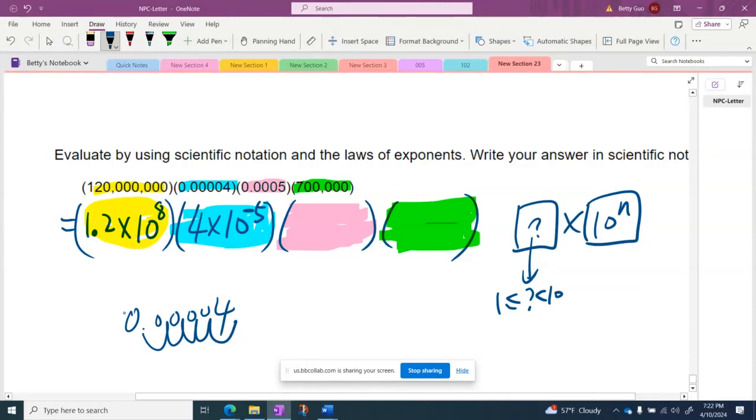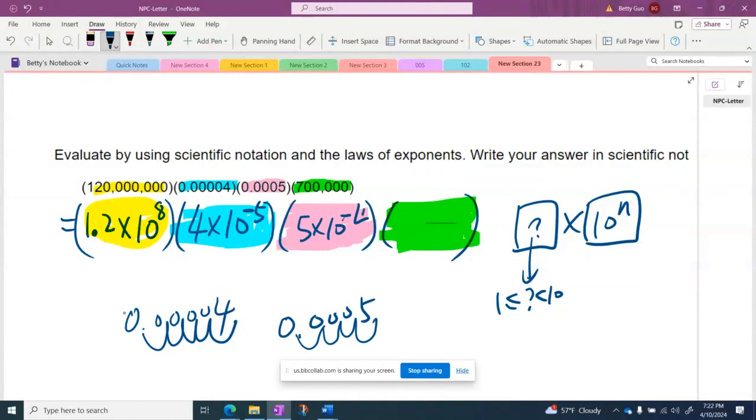All right. Pink is 0.0005. So we're going to have 5 times 10 to the negative exponent, 1, 2, 3, 4, negative 4. Green is a large number, so we're going to have 7 times 10 to the power 1, 2, 3, 4, 5.